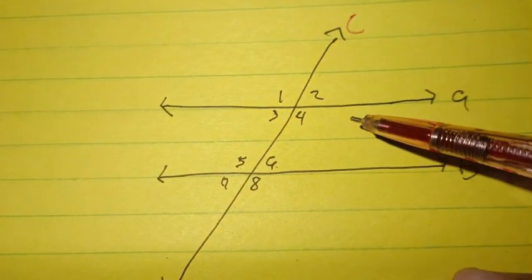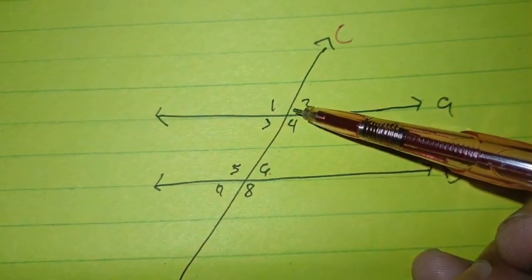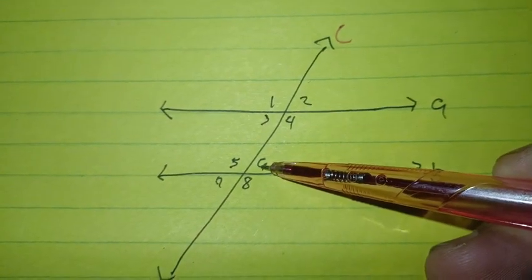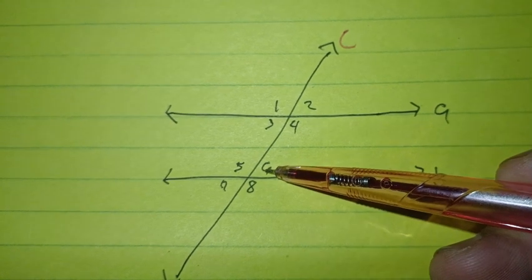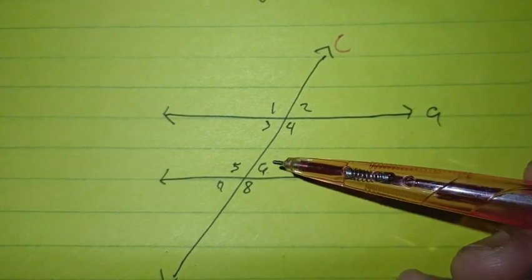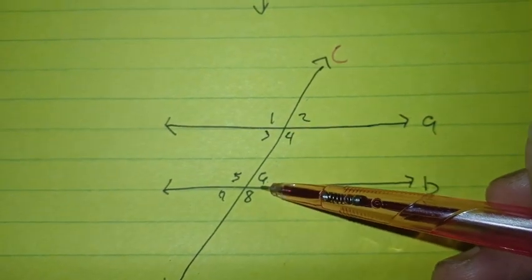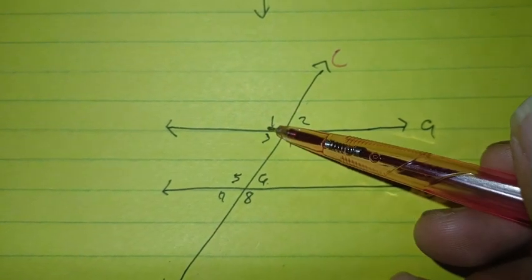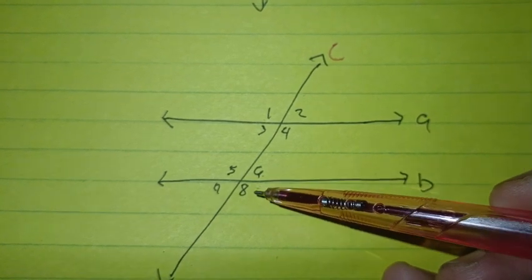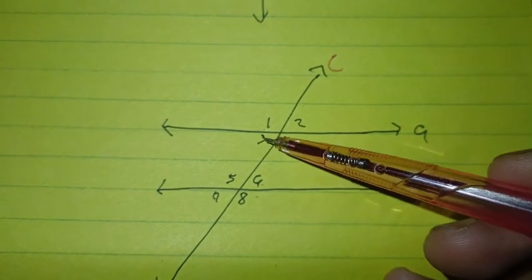Now we need to identify the alternate interior angles. 3 and 6 are alternate interior angles. They're between the two parallel lines, but they're on opposite sides of the transversal. 3 is on the left, 6 is on the right side of the transversal. That's why they're called alternate interior.